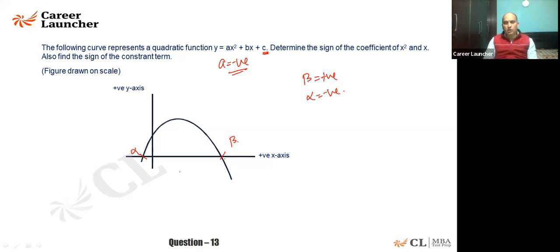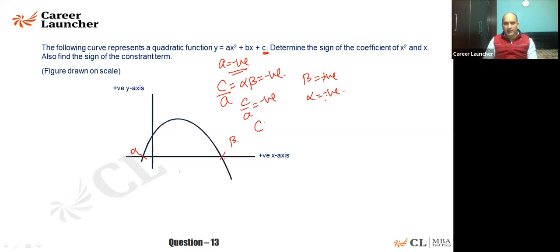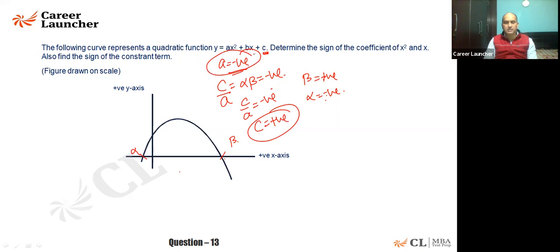C is always the product of two roots. Can I say plus into minus, alpha into beta, is c by a. So you know it is coming out to be negative. a is already negative, so c by a is negative. When I know a is negative, c is coming out to be positive. For sure, c is positive when a is negative.